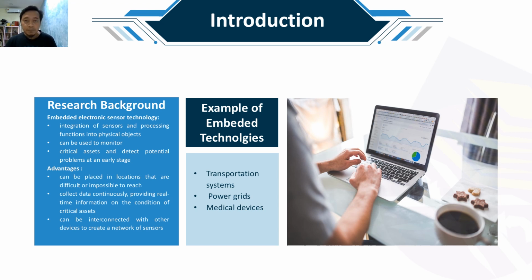Here are some examples of how embedded electronic sensing is being used to monitor critical assets today. In the transportation system, these sensors are being used to monitor the condition of trains, aeroplanes, and other vehicles. This information can be used to detect any potential problem early, such as worn bearings or cracks in the component.